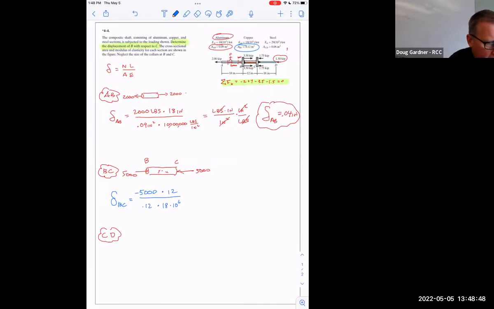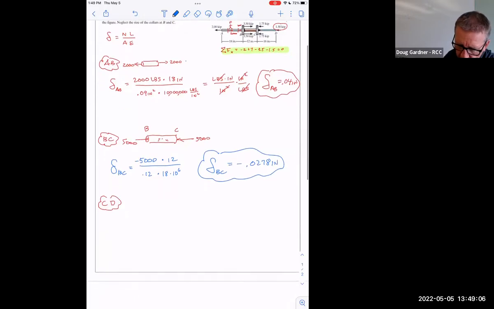So that comes out to be negative 0.0278. And again, it's inches. Okay, so let's move to our final section.